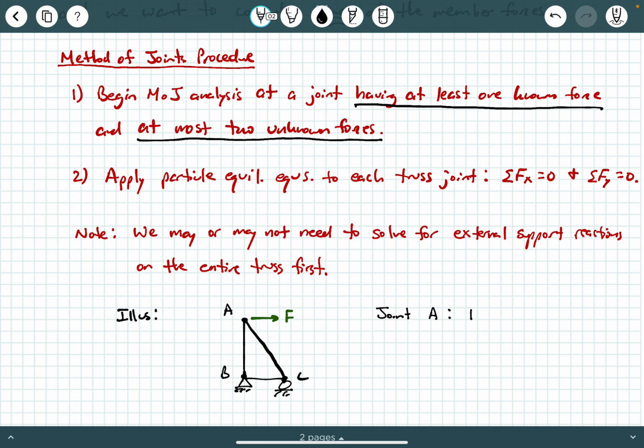has one known force. Guess what it is? That's that applied force F, and two unknown forces. What are the two unknown forces? Well, that would be the force in AB and the force in AC.